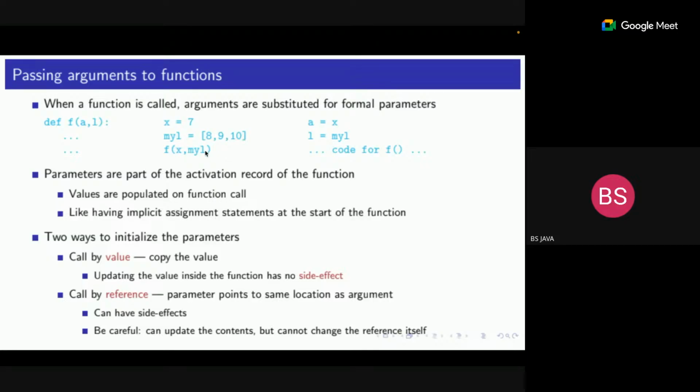So when you call this function, the value of x will be copied to a, and l will point to whatever my l is pointing to. You see the difference? The value of x will be copied to a, and also here both are pointing to the same list. Getting it? Yes, ma'am. Okay. So this is the concept of call by value and call by reference.